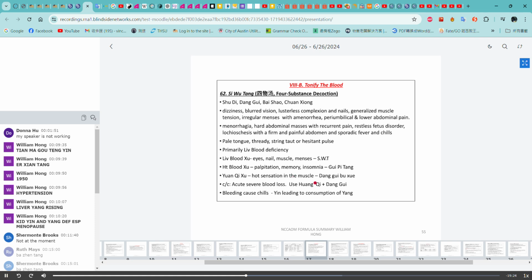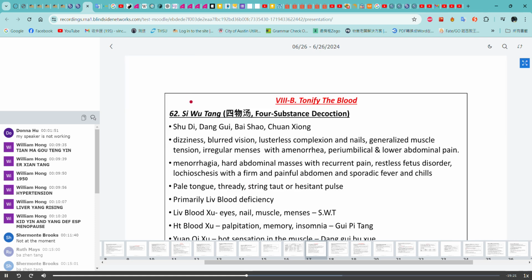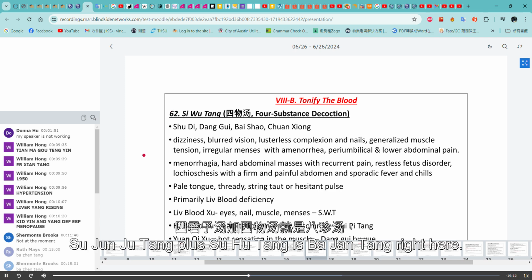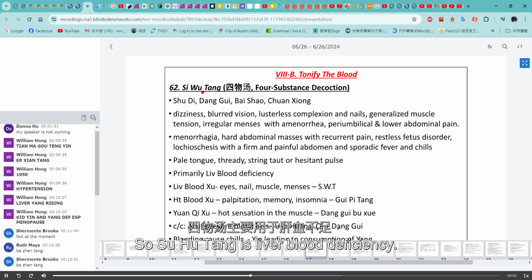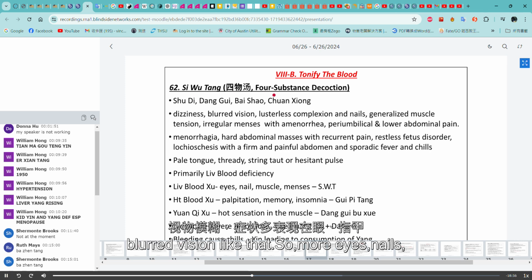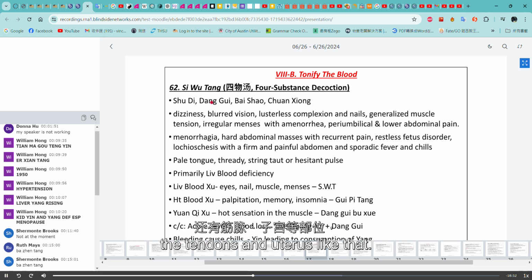And blood deficiency is Si Jun Zi Tang, Si Wu Tang. Si Jun Zi Tang plus Si Wu Tang is Ba Zhen Tang, right? Si Wu Tang is for liver blood deficiency, so dizziness, blurred vision, more the eyes, nails, tendons, and uterus.